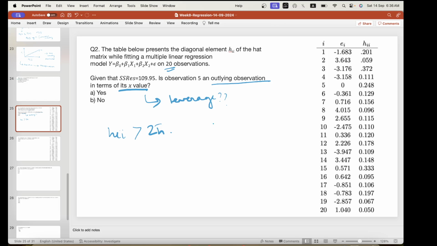Let us calculate h bar, which is the summation of hii divided by n.